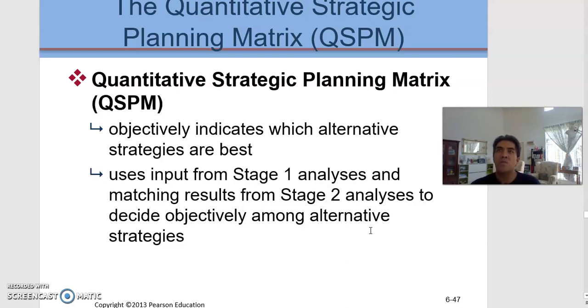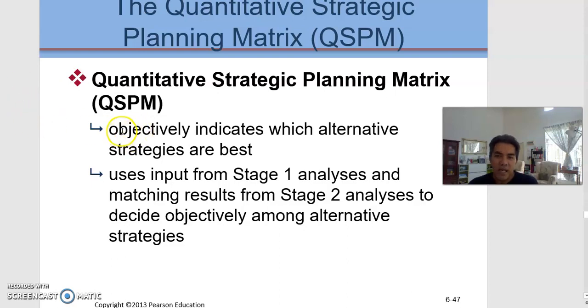We might need to finalize maybe 3 or 4 practical strategies that can be implemented by the organization. So we can do that by going through this QSPM, quantitative strategic planning matrix.